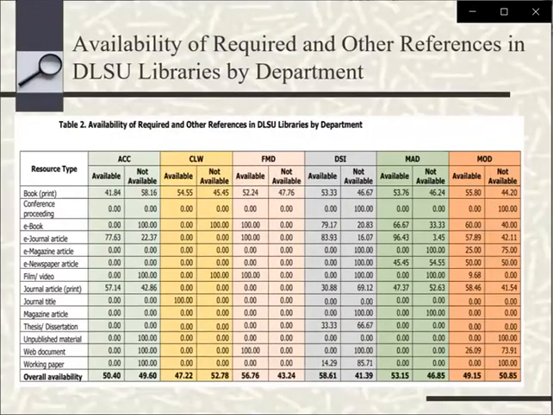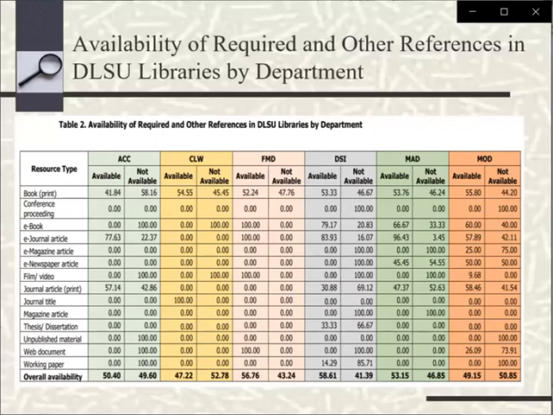Okay, looking closely at the breakdown of resources availability by department. All departments except the accountancy use the most print books available in the library. For video production, all departments tend to use the library's online databases heavily, as the percentage of available resources cited is much higher than the percentage of material not available.